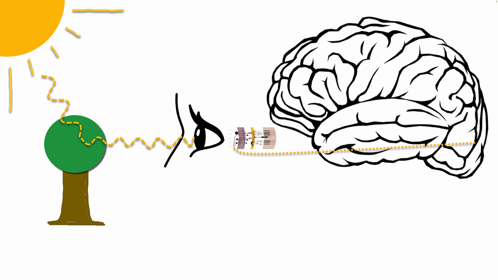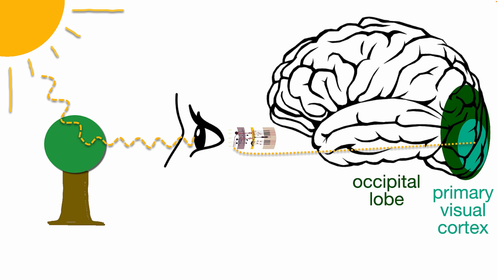What happens is, after the cells of the retina have started the initial encoding of light into a format that the rest of the brain can understand, they send signals containing the information from the light to the very back of the brain to an area called the primary visual cortex, which is part of the occipital lobe of the brain.